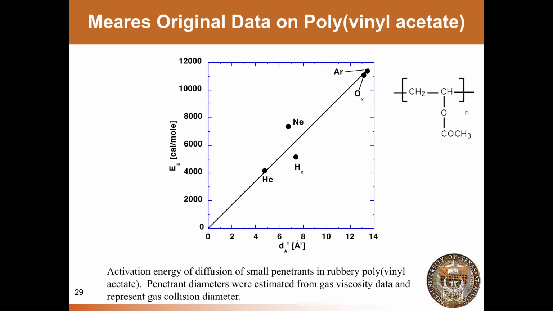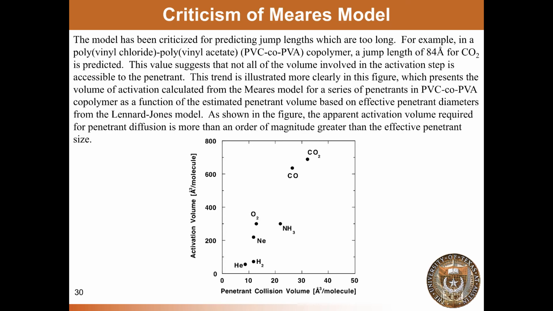But here's an example from Mears's original paper, where the square of the penetrant diameter or cross section is being correlated with the activation energy of diffusion in polyvinyl acetate, and Mears used data like this to help support the model that he had proposed on the previous page. There are also reasonable correlations with the cohesive energy of the polymer.